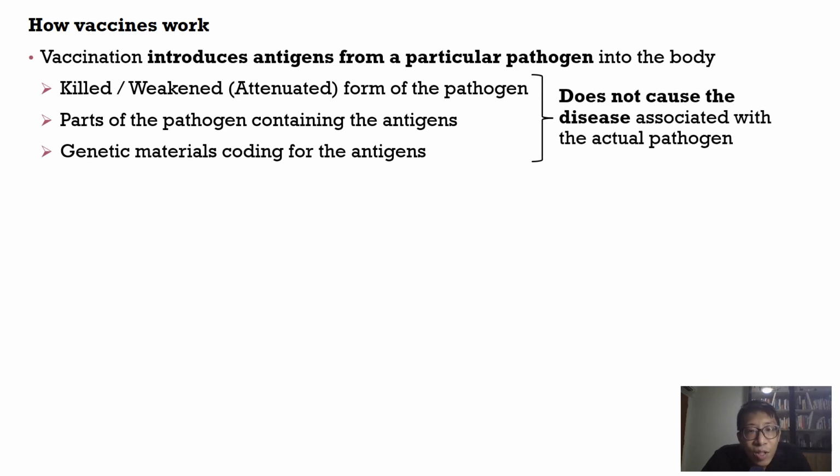So because the vaccines are either just parts of the pathogen, not the complete ones, or even for those that are complete, they may be dead or weakened, attenuated, right? So by right, in theory at least, the vaccines shouldn't cause the disease that the actual pathogen would cause, right?